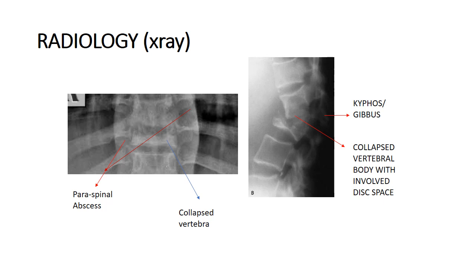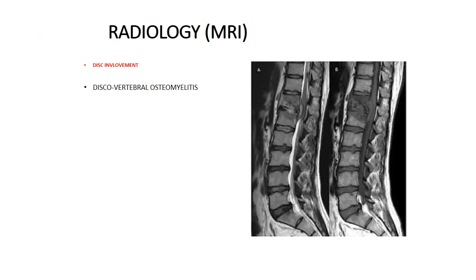On lateral X-ray, you can see there is a collapsed vertebra, which also involves the disc space of adjacent vertebrae, and there is kyphotic deformity, kyphosis, gibbous. MRI is the radiological investigation of choice as far as radiology is concerned.